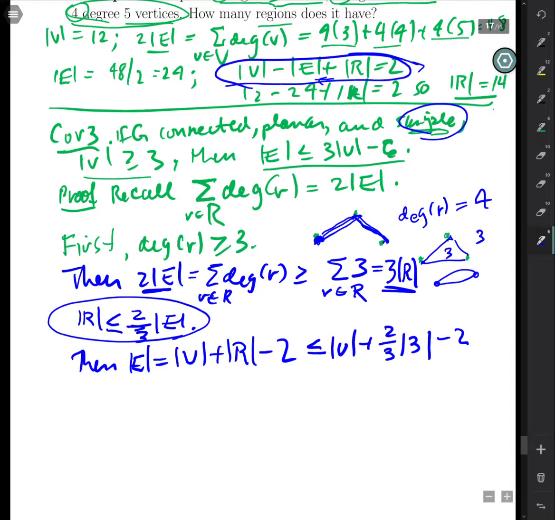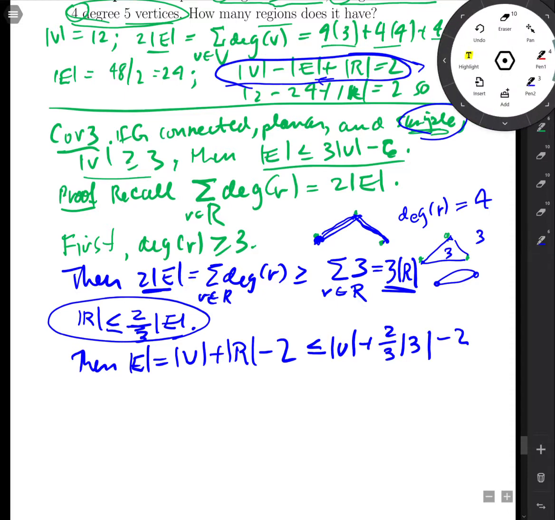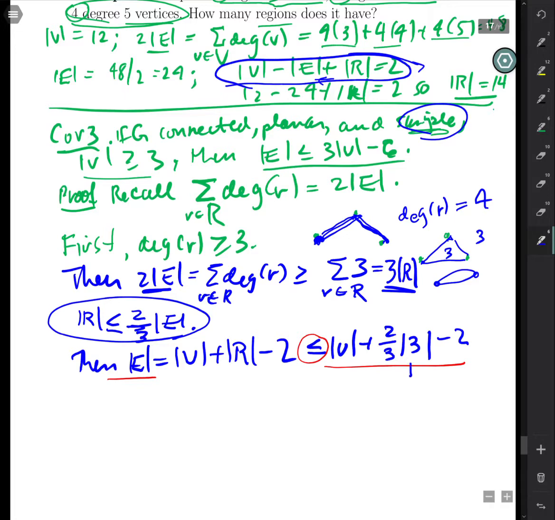And now if you simply look at the extremes here, this quantity and this right here, that says that E is less than or equal to that. So let's now subtract 2/3 the number of edges from both sides. That should be an E there. And if we subtract that from over here, we'll be left with 1/3 the number of edges is less than or equal to the number of vertices minus 2.